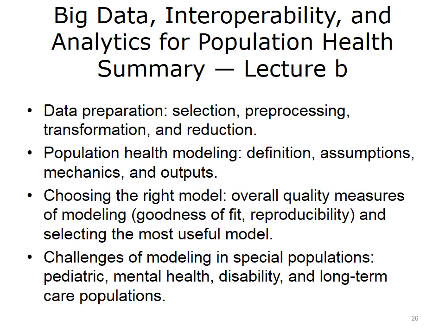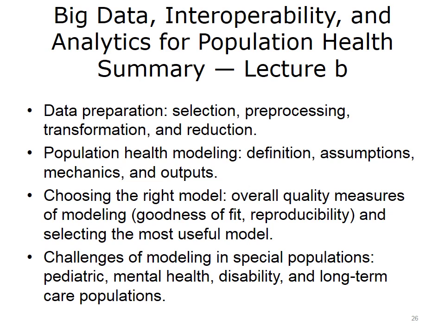This concludes Lecture B of Big Data, Interoperability, and Analytics for Population Health. This lecture discussed data preparation issues such as selecting, pre-processing, transforming, and reducing the dimension of population health datasets. Population health modeling issues such as identifying appropriate models, conforming to the assumptions, knowing the mechanics, and understanding the outputs.